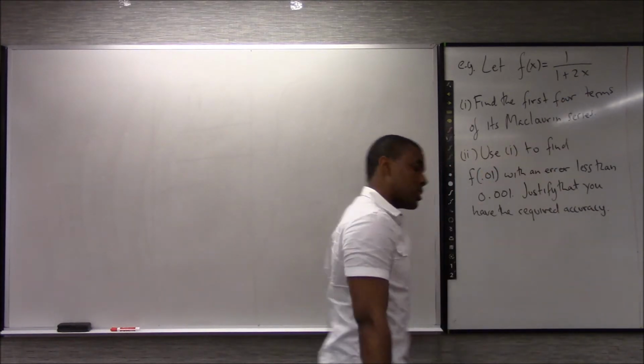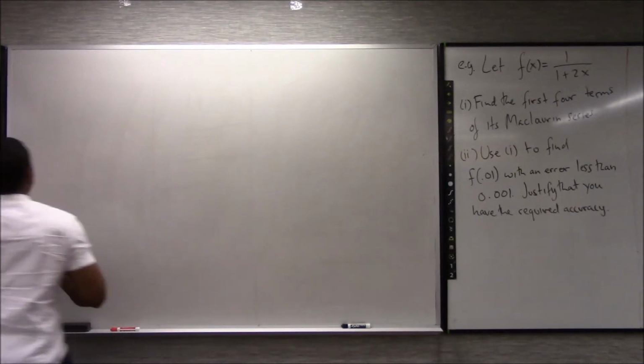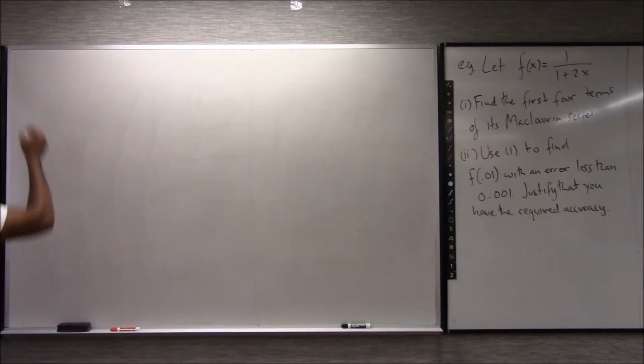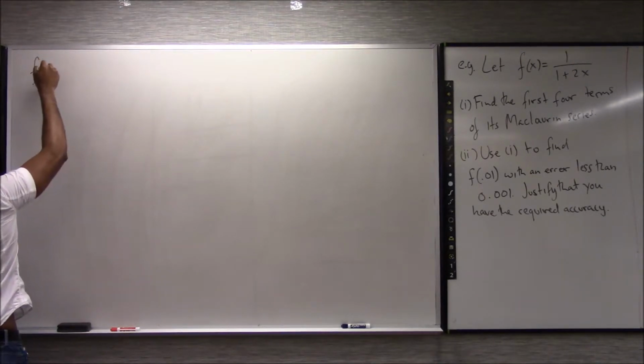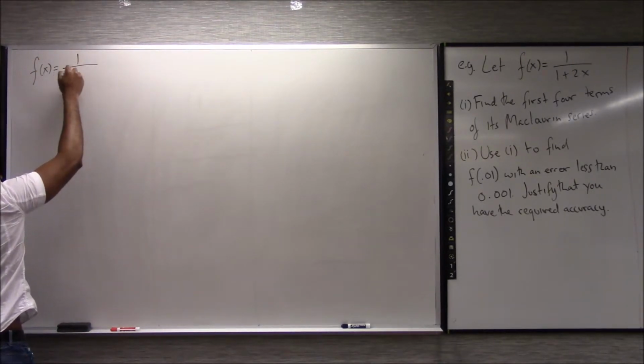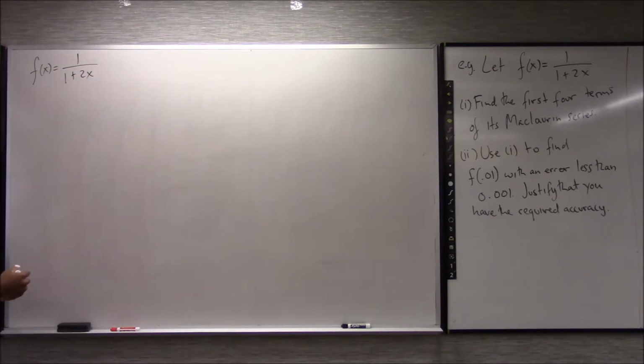But given that function, how would you find its Maclaurin series? Turn it into 1 plus x, sort of thing. 1 plus x or 1 minus x? 1 minus. What do you know about 1 minus?